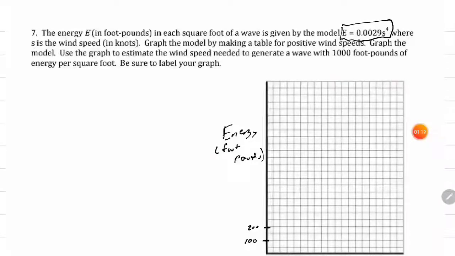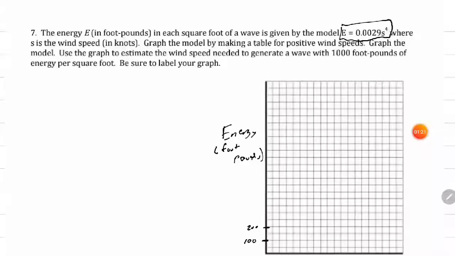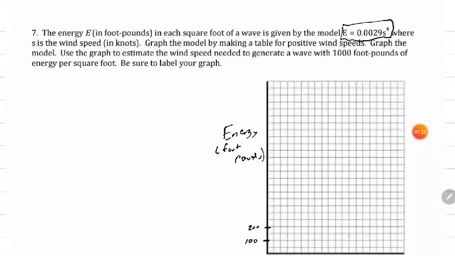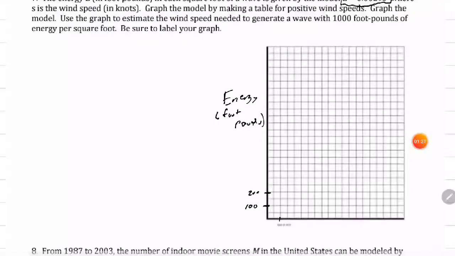Then down here, I would go by 5s, so every 2 tick marks I would go 5, then 10, 15, and so on and so forth.